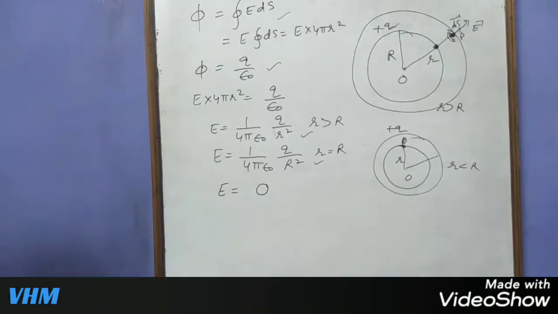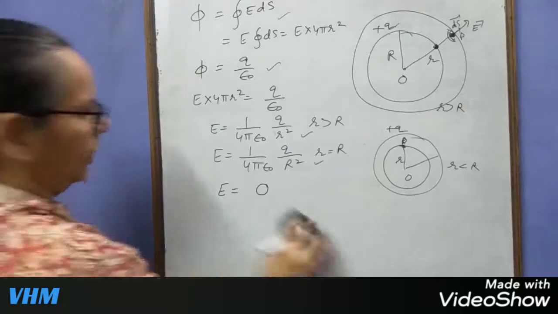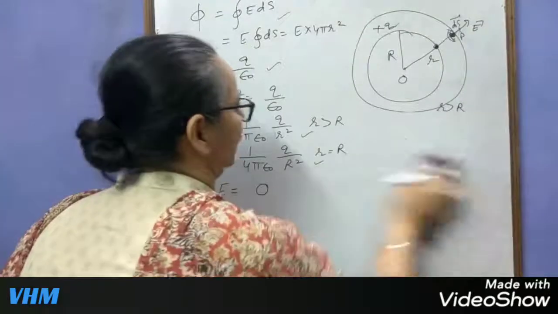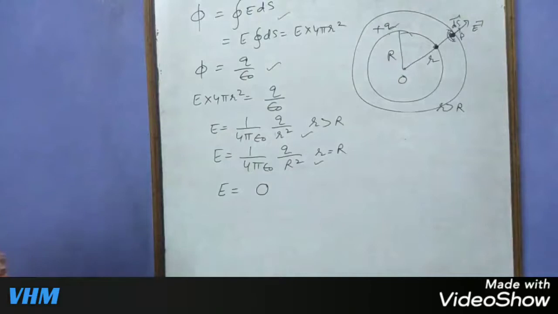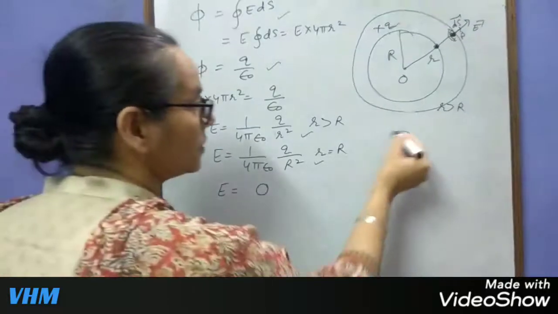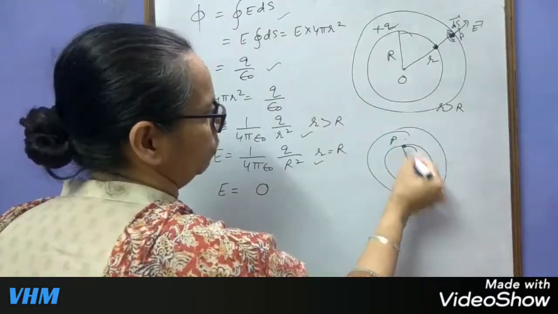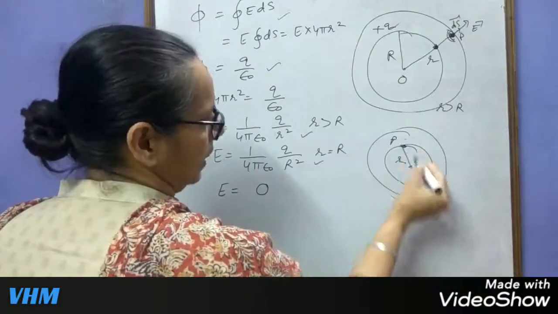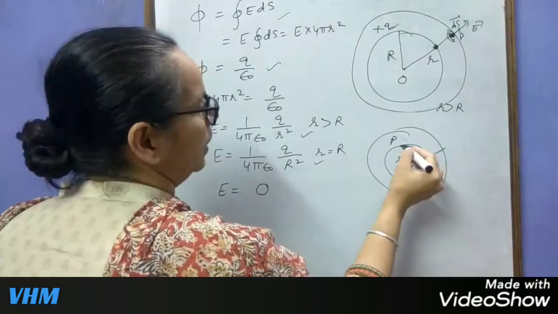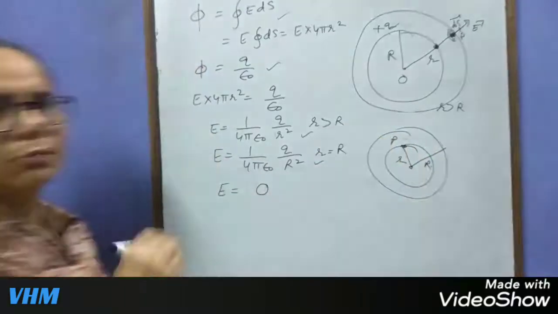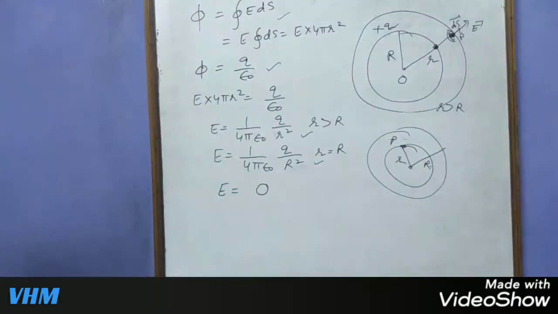Now in the third case, the electric field is not 0 like the case of the spherical shell, because here the sphere is solid. When we consider this observation point at radius r, and this is capital R, the charge is redistributed, because it is a volume charge density in this case.